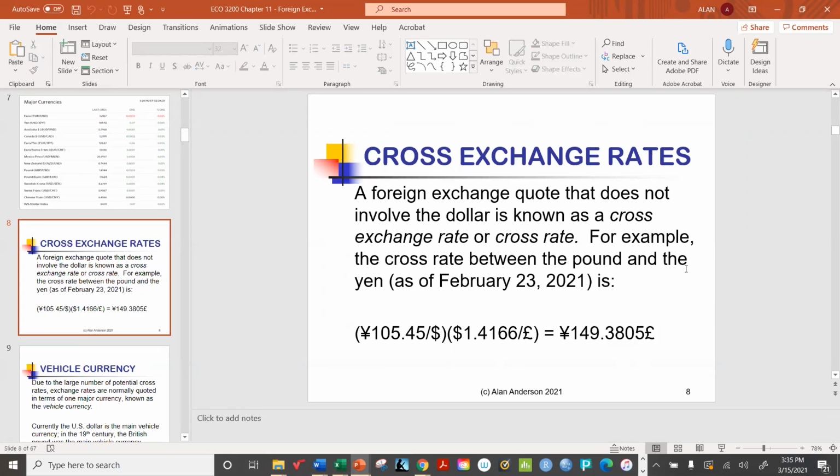So what we're looking for here with triangular arbitrage is opportunities to take advantage of mispricings. And what we mean by that is, imagine if, given this information, you found a foreign exchange dealer that's willing to sell you pounds for 150 yen each. Well, you know that it should be 149.3805.